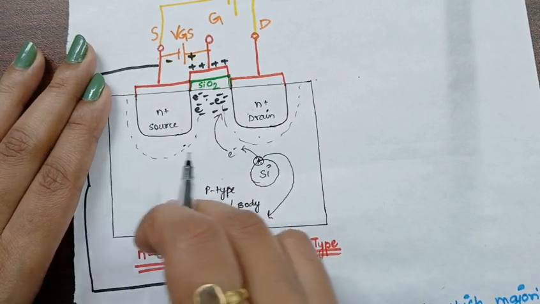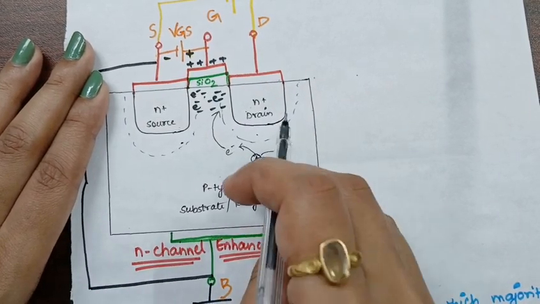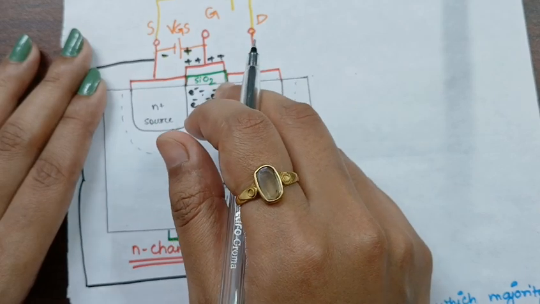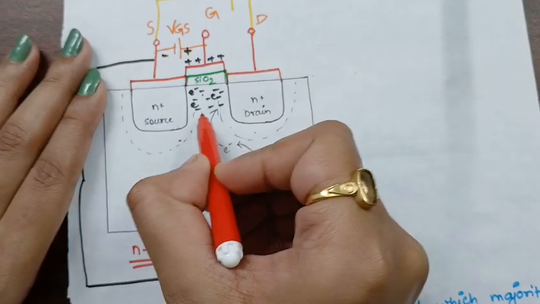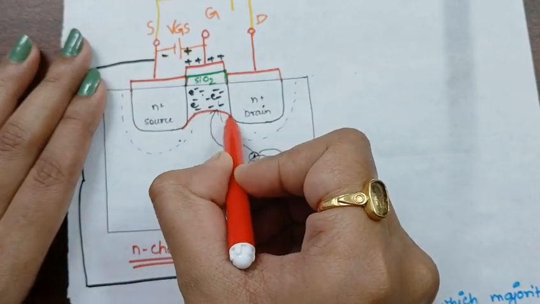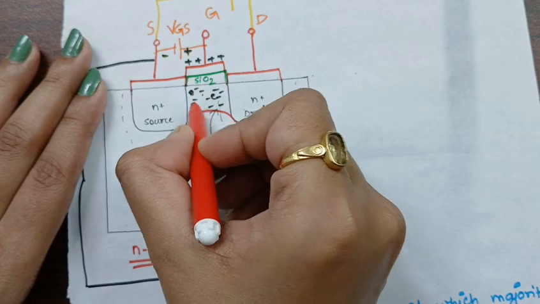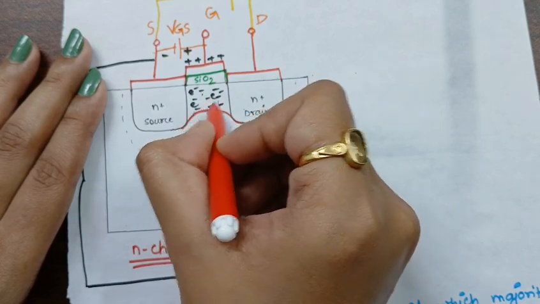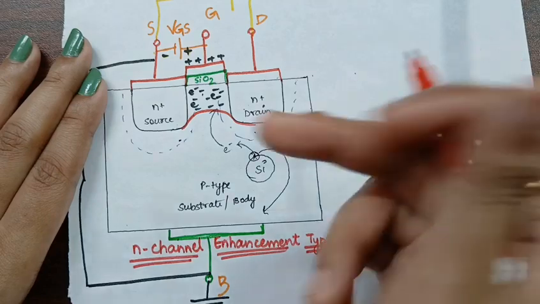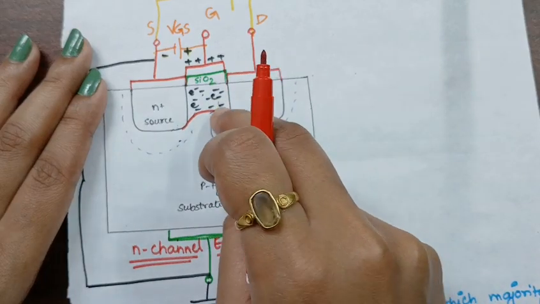The hole concentration will increase here and the electron concentration will increase here. So what we will observe is that there will be a formation of an N-well. So this region will act as an N-type material because the concentration of electrons is higher over here.